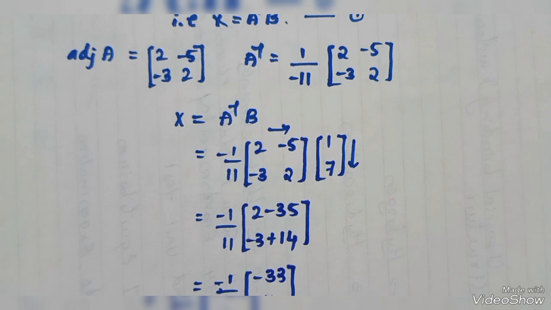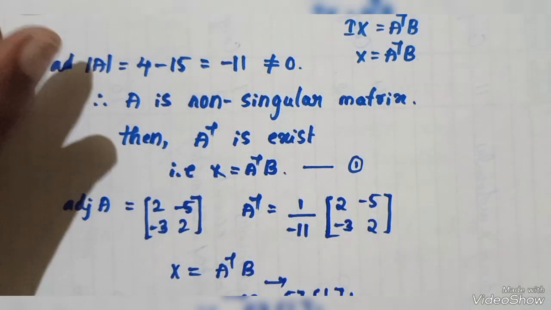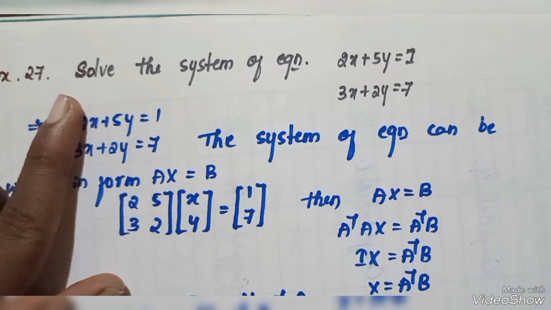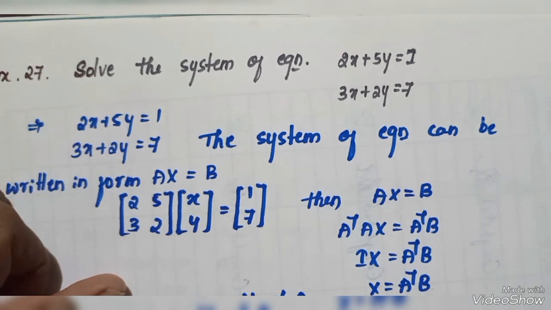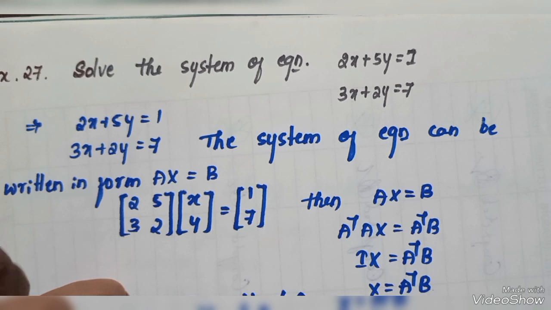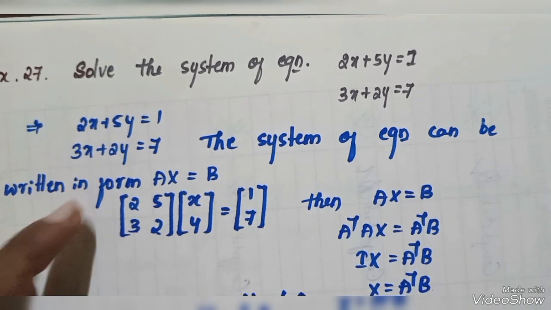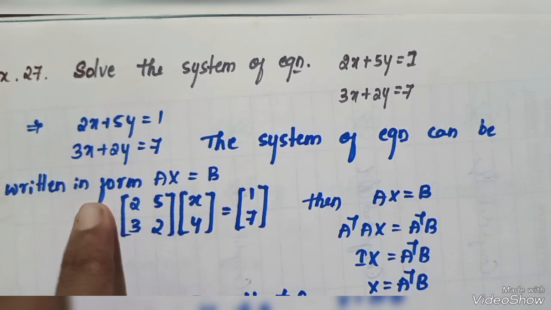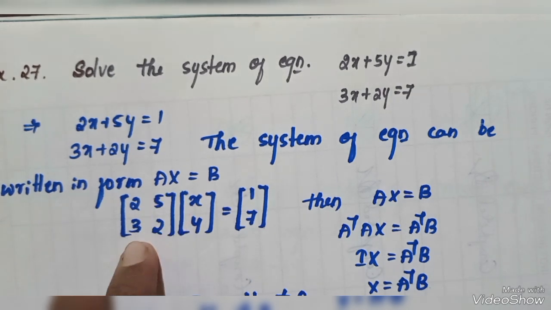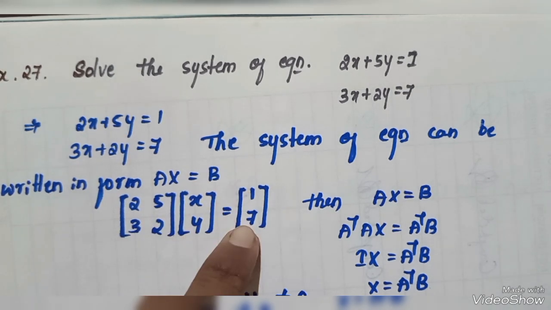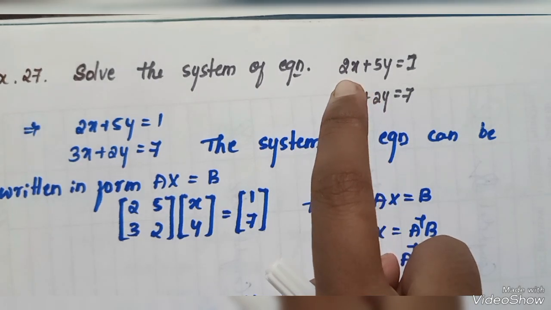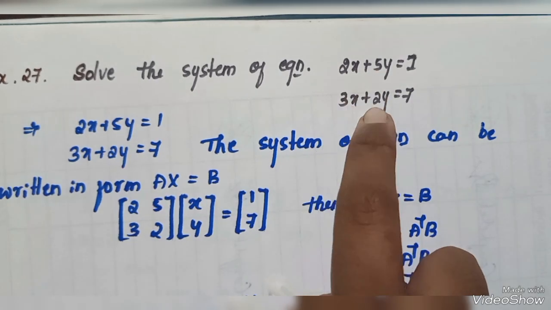Let us check it stepwise. They gave the system of equations 2x plus 5y equals 1, 3x plus 2y equals 7. First step, the system of equations can be written in the form Ax equals B. After that, the A matrix is taken from the values 2 5 3 2.